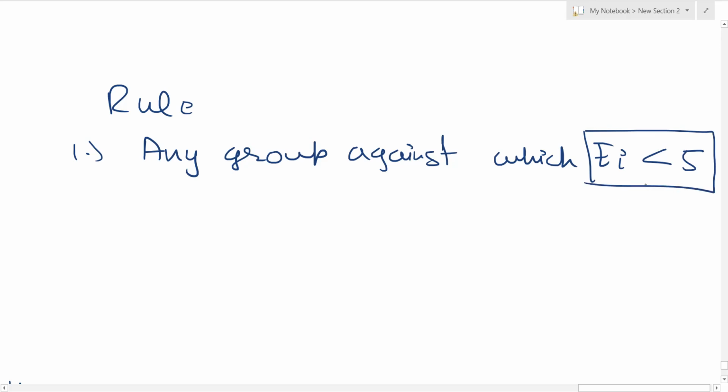Whenever EI is less than 5, it will unnecessarily inflate your test statistic, it will increase it too much. So you merge this group.